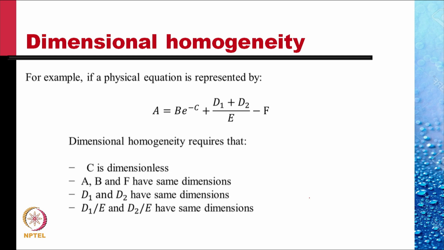In addition, D1 by E or D2 by E must have the same dimensions as A, B and F. Only if all these conditions are satisfied would this equation be dimensionally homogeneous and could be a candidate for being a physical equation.